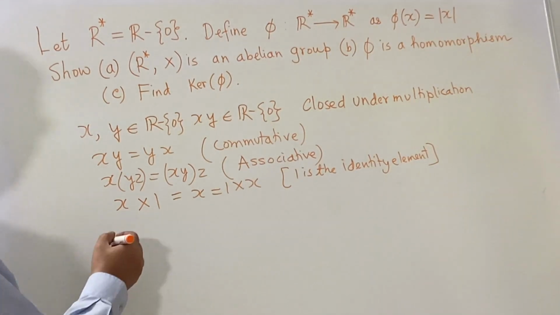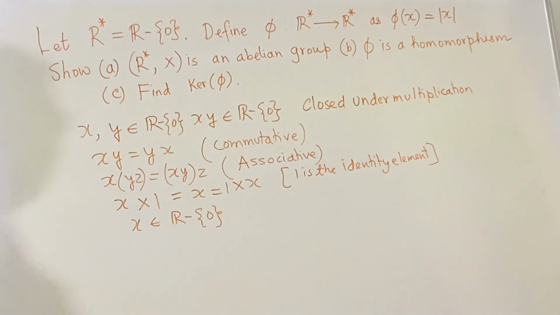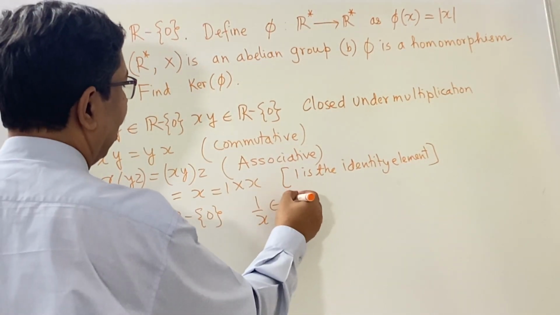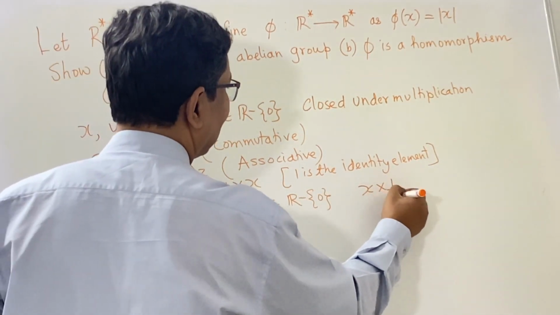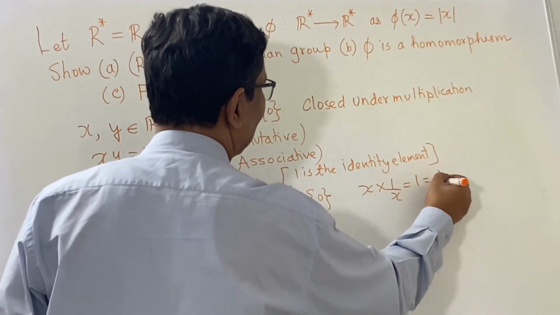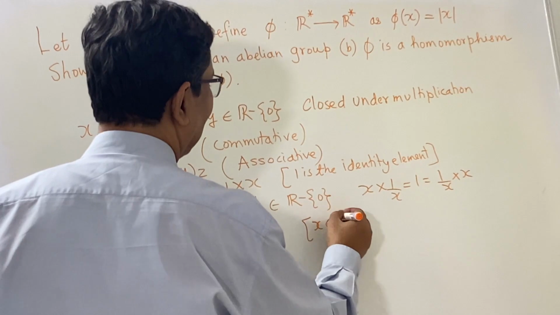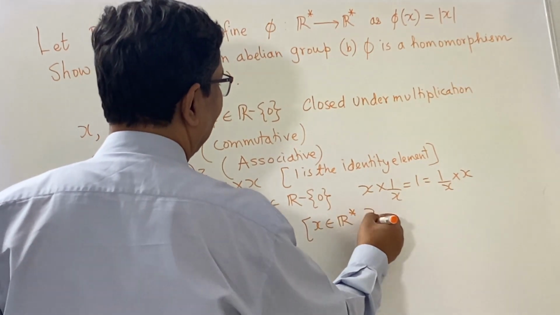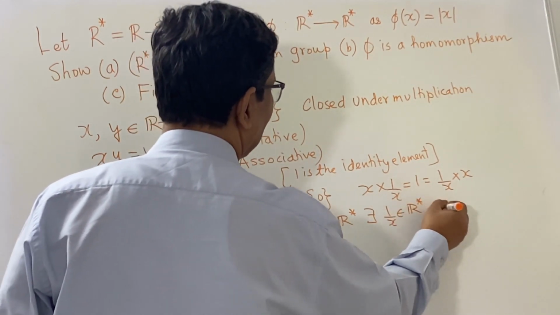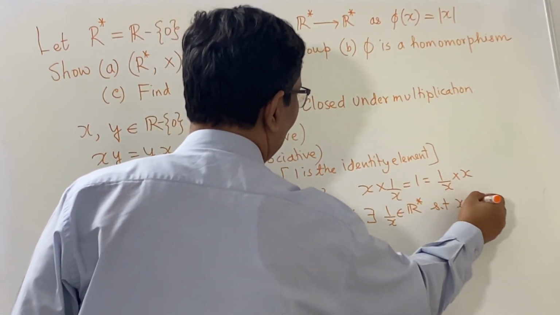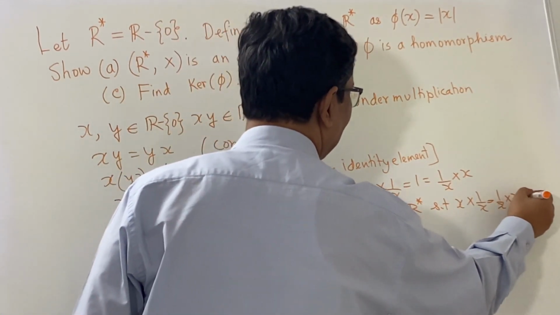And if we take any non-zero real number x, we know that 1 by x is again a non-zero real number, and x into 1 by x is 1. So we see that for every x in R star, there exists 1 by x which also belongs to R star, such that x into 1 by x is equal to 1 by x into x is equal to 1.